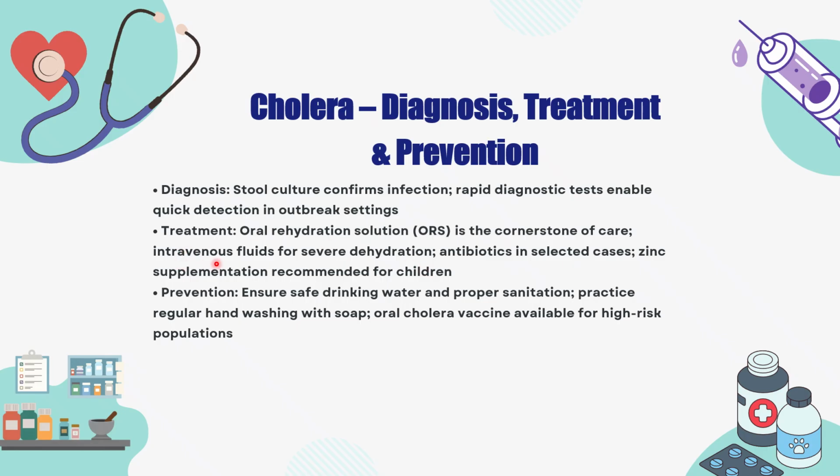We can also use intravenous fluid in case of severe dehydration, and antibiotics in selected cases to attack the pathogen. Zinc supplementation is recommended for children because diarrhea may lead to zinc deficiency.